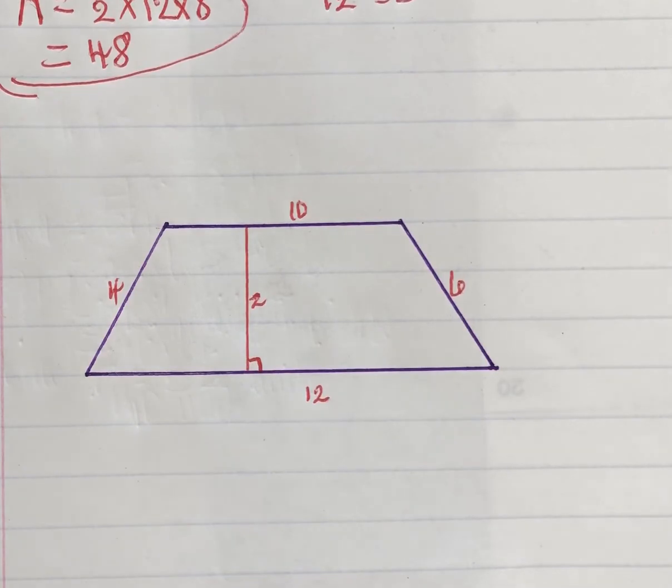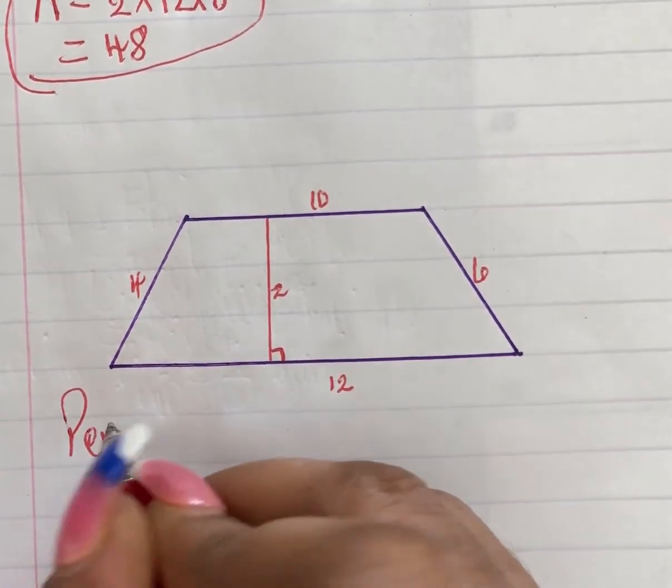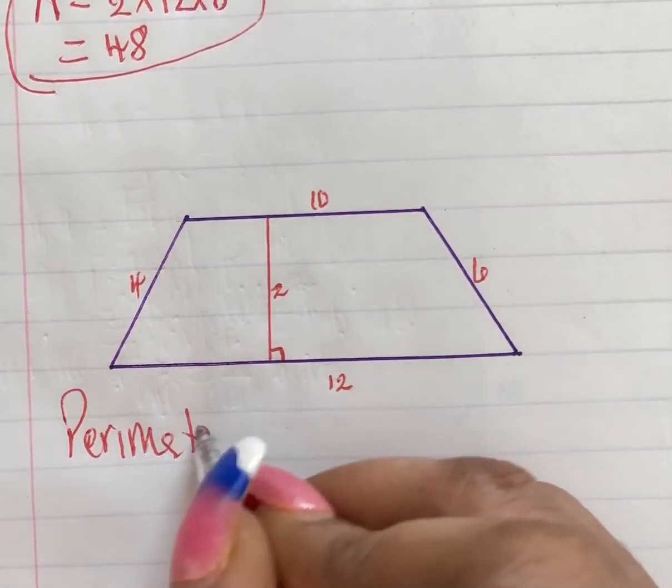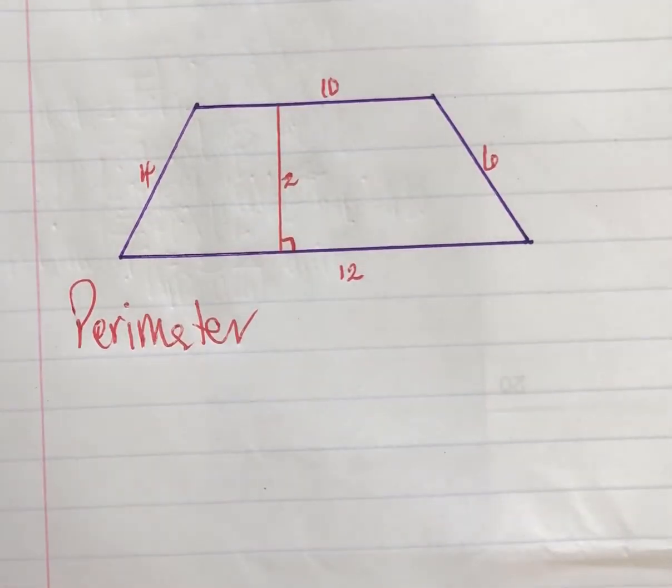We want to do two things. We want to find the perimeter and we want to find the area. Let us look at our perimeter first and then we will look at our area.